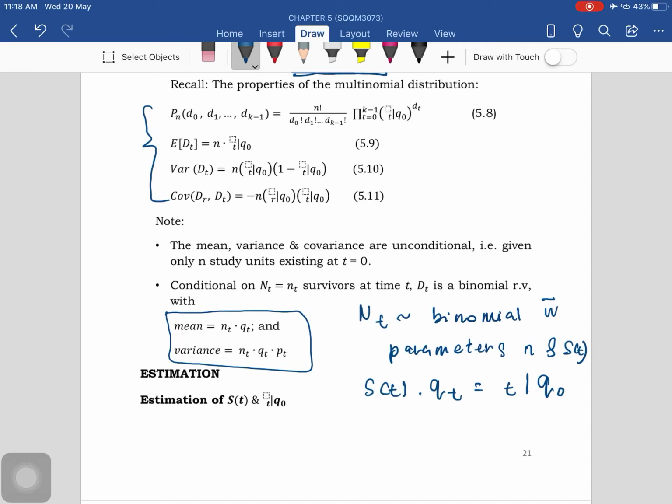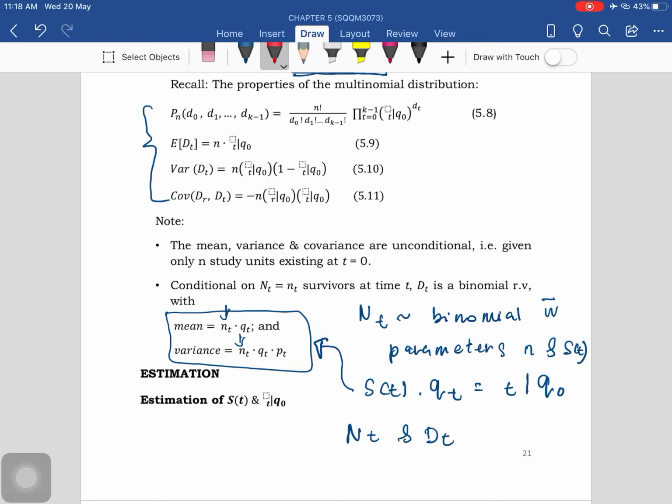The mean and the variance for both, using the binomial as well, since NT and DT follow the binomial. So the actual studies also follow the binomials.